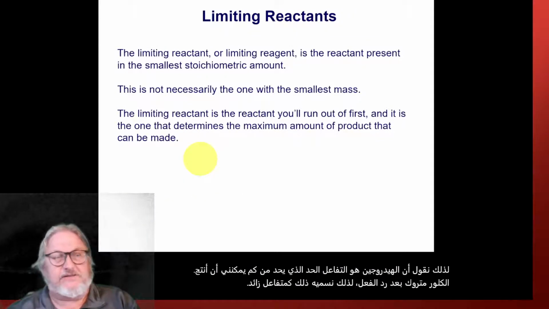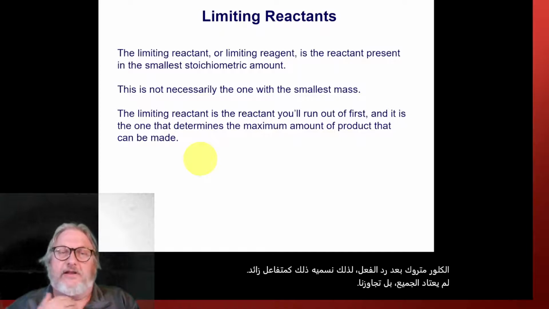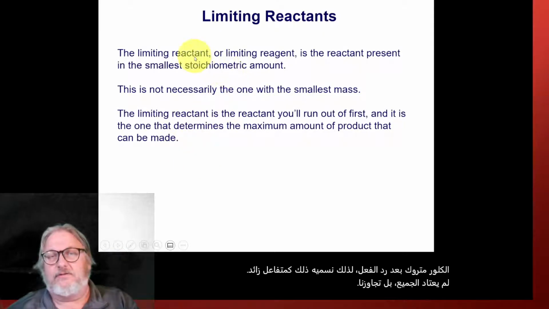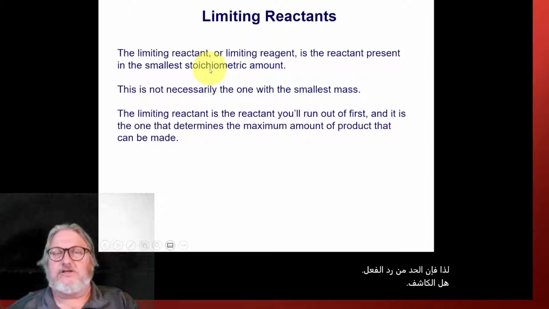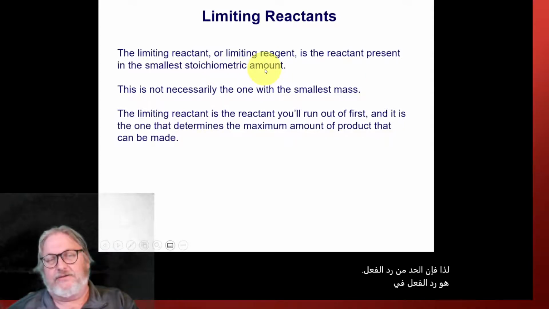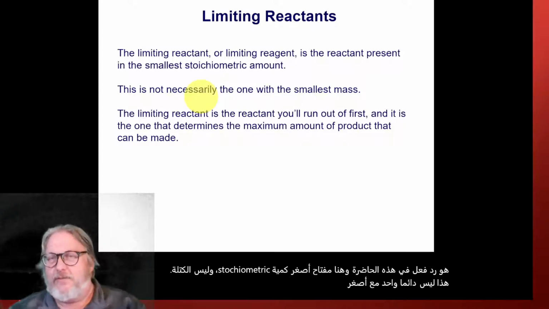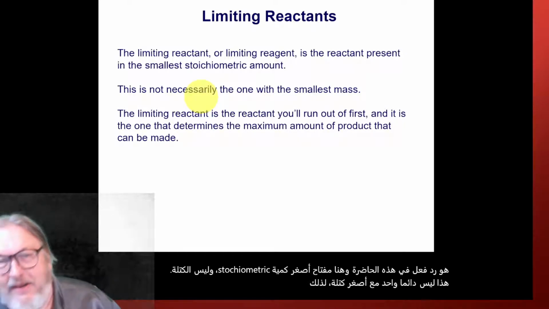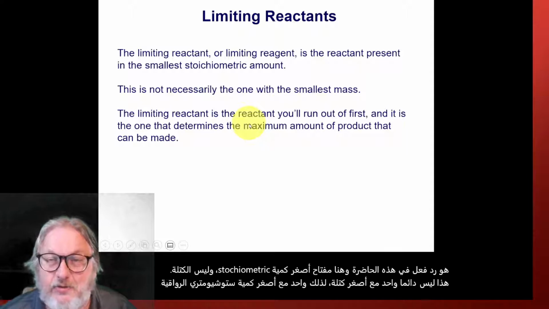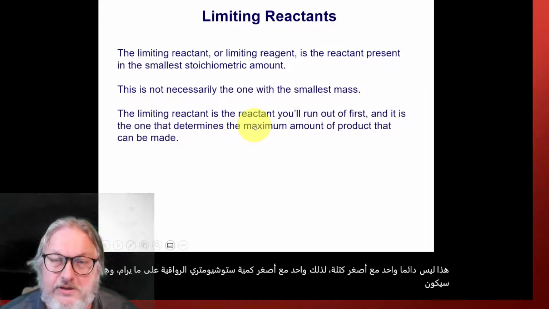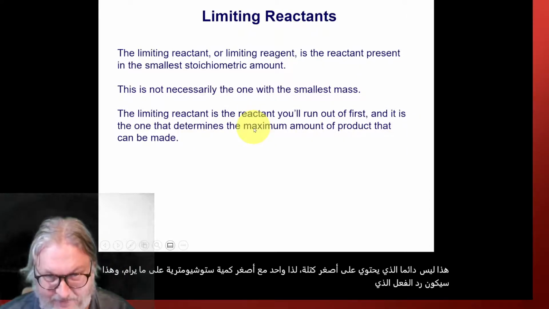The limiting reactant, or reagent, is the reactant that's present in, here's the key, the smallest stoichiometric amount, not the mass. That's not always the one with the smallest mass. It's the one with the smallest stoichiometric amount. It's the reactant you're going to run out of first, and it determines the maximum amount of product that you can make.